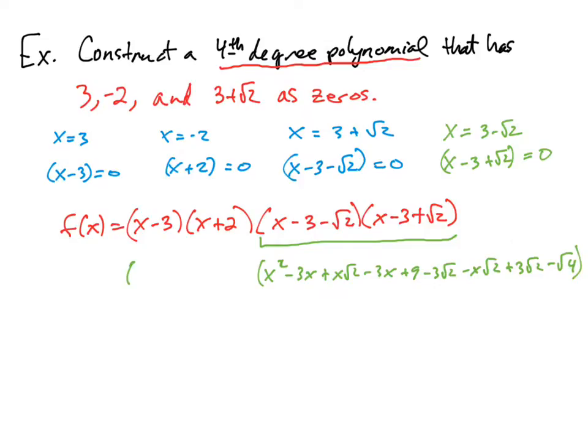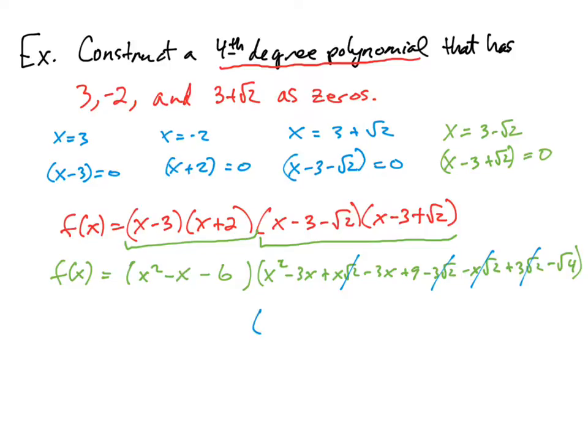And then I could multiply out these first two terms together. x squared minus 3x plus 2x will be minus x minus 6. And then many of the terms in this second factor are going to cancel. All of the radicals should cancel. So x root 2, negative x root 2, and then negative 3 root 2, positive 3 root 2.